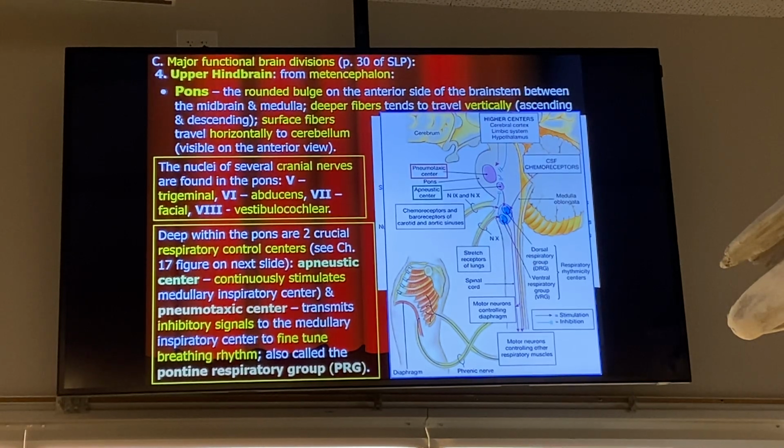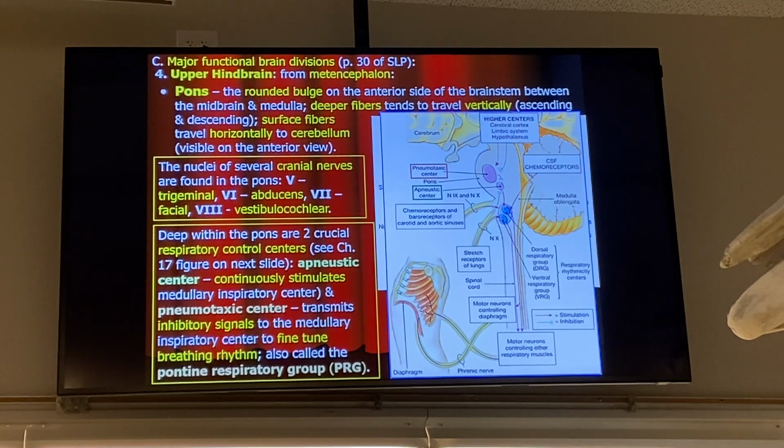The apneustic center is constantly got the foot on the gas. And the pneumotaxic center, if you read the words, it's right in there. The pneumotaxic center pumps the brakes. And you find a balance between under inhalation or respiration and over ventilation.